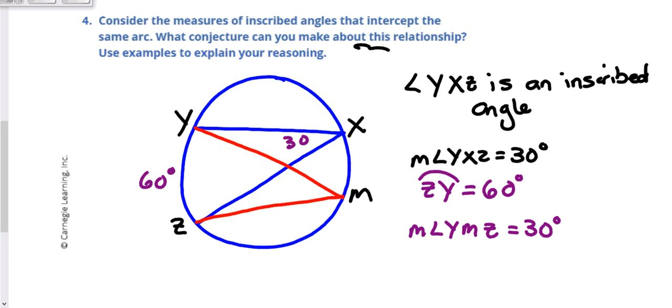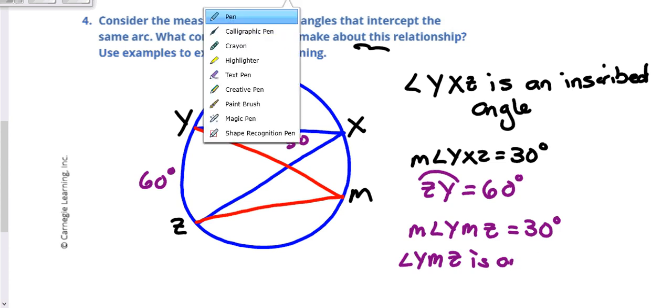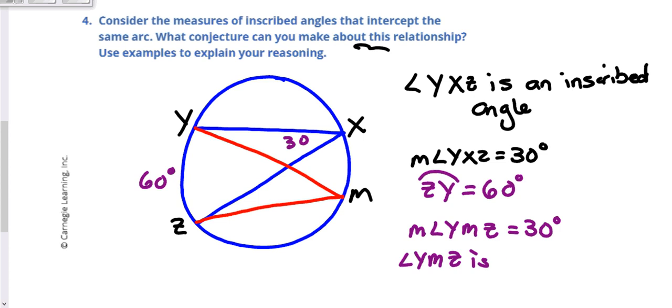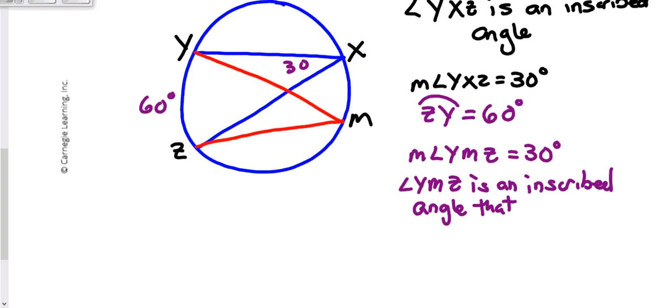because YMZ is an inscribed angle that intercepts arc ZY.